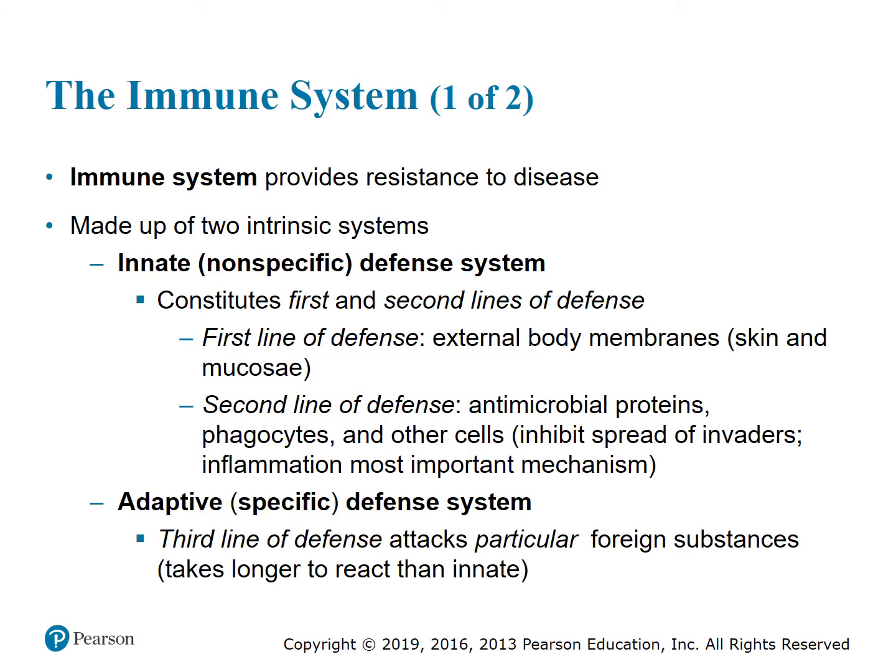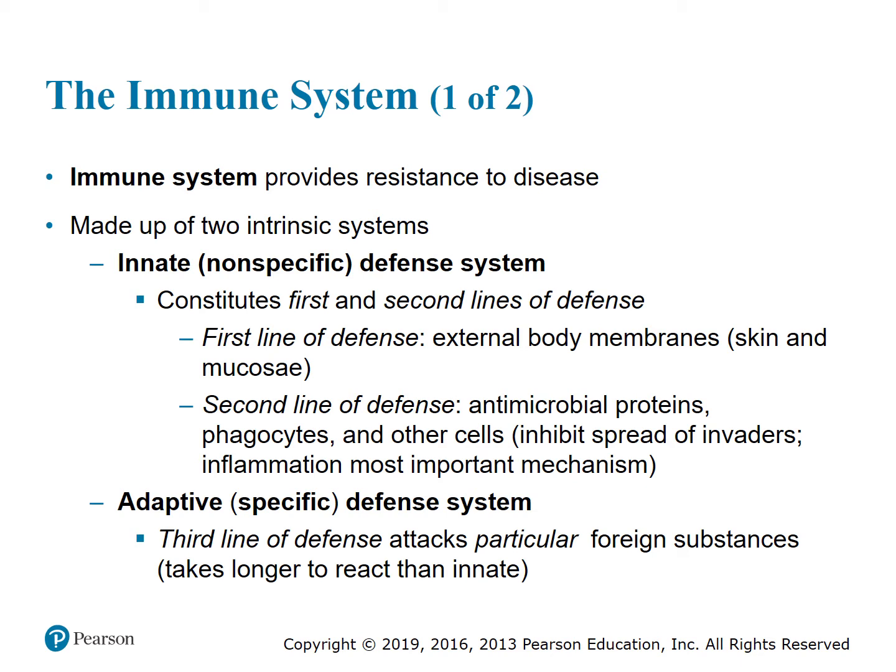The immune system provides resistance to disease. It's made up of two intrinsic systems, the innate or non-specific defense system and the adaptive or specific defense system. The innate constitutes the first and second lines of defense, whereas the adaptive is the third line of defense. So the first line of defense has to do with the external body membranes, so the skin and mucous membranes.